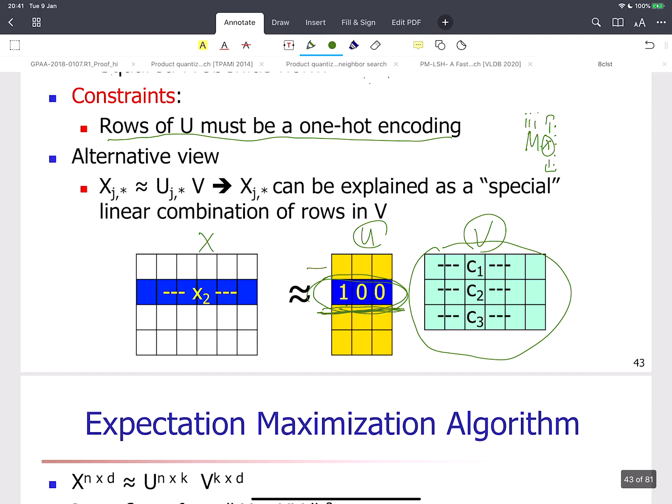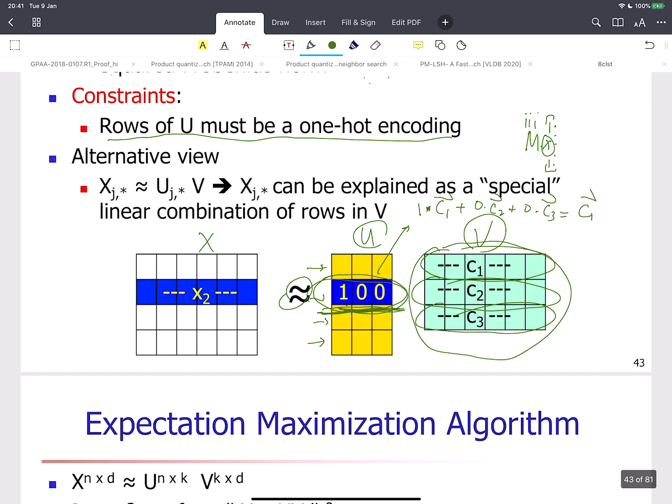You can see that each row specifies how you combine the rows in the matrix V to form the corresponding rows in the matrix X. Actually, this is X hat, approximately X hat, otherwise it's X. So what you do is that this 1, 0, 0 means you take 1 copy of the C1 vector plus 0 copies of the C2 vector plus 0 copies of the C3 vector, and this will just become C1.